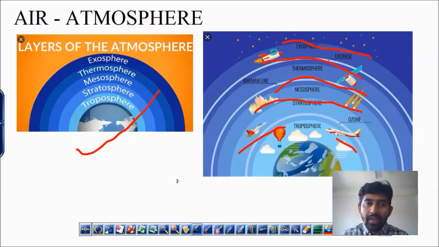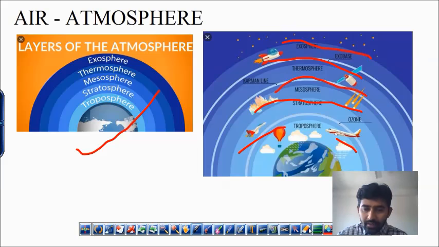Air, atmosphere. You should be ready to learn by heart the top 5 layers of atmosphere. The closest to the planet is troposphere, then stratosphere, then mesosphere, thermosphere and exosphere.